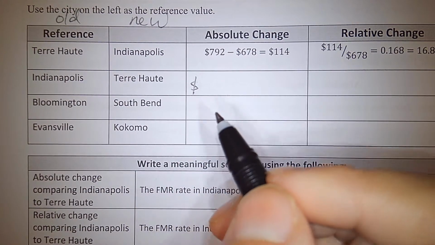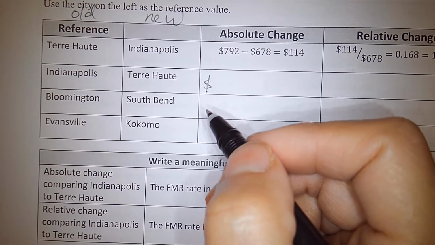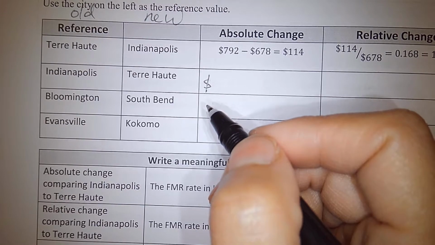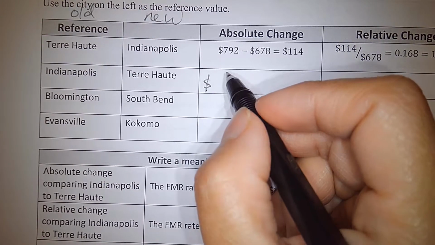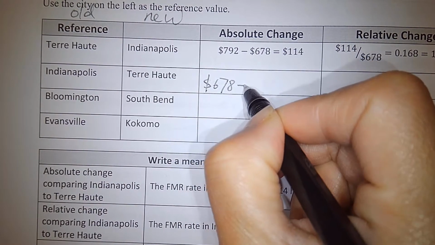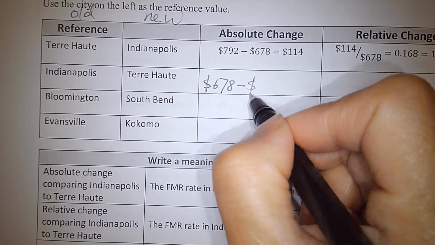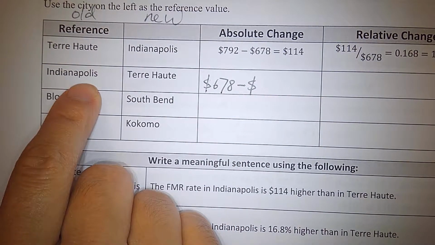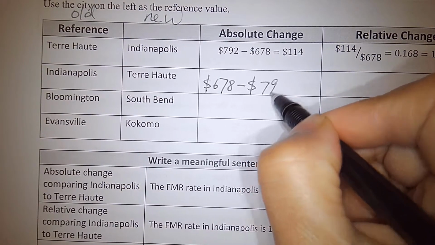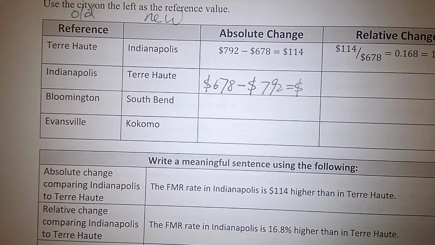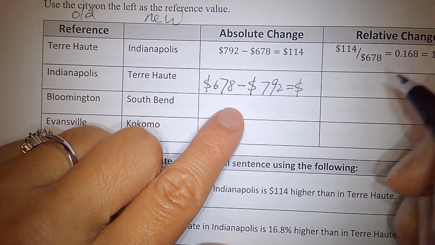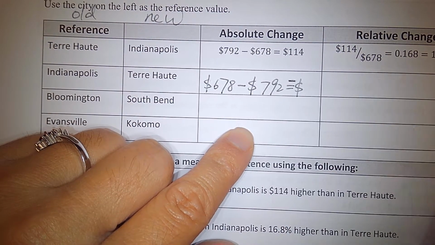How about you tell me? Nobody found the number? 678, right? And then minus the old value, the reference value, Indianapolis, what is it? 792. So we should have a negative what? Negative some dollars, right?